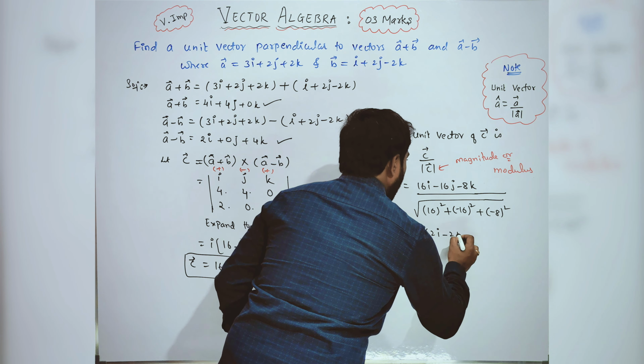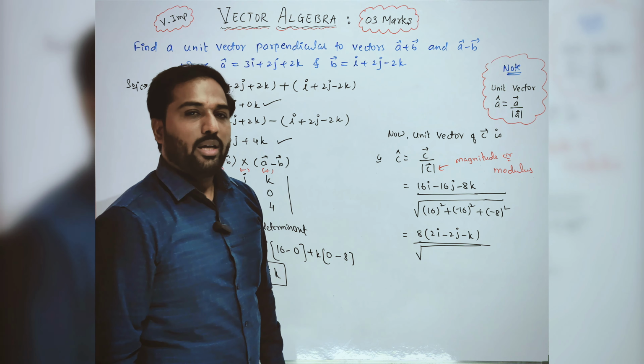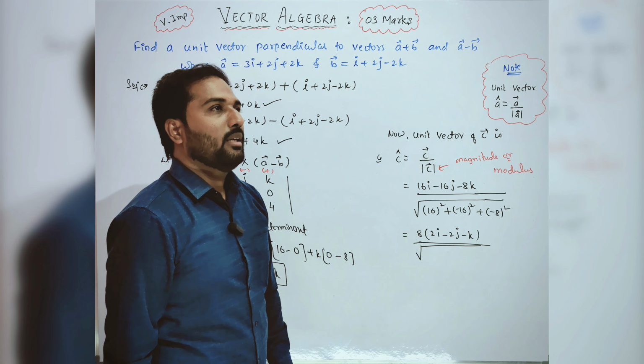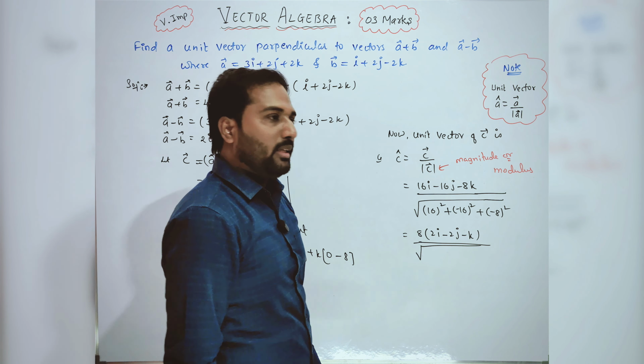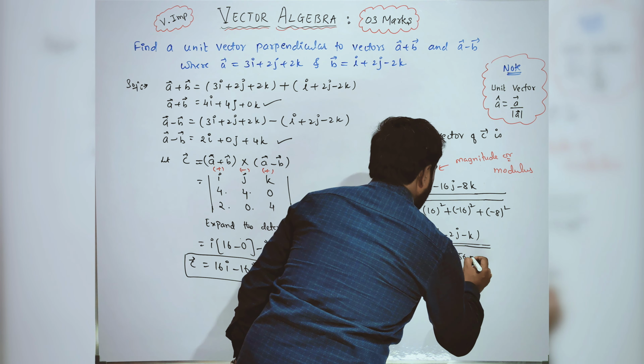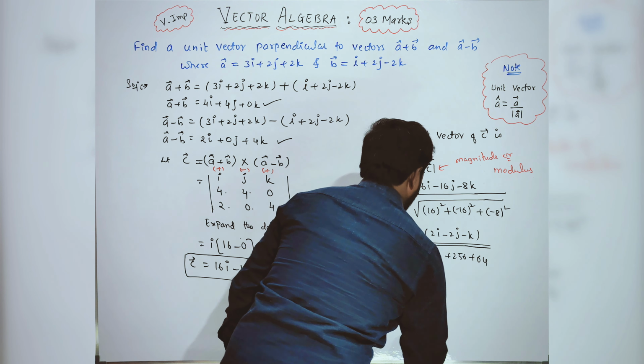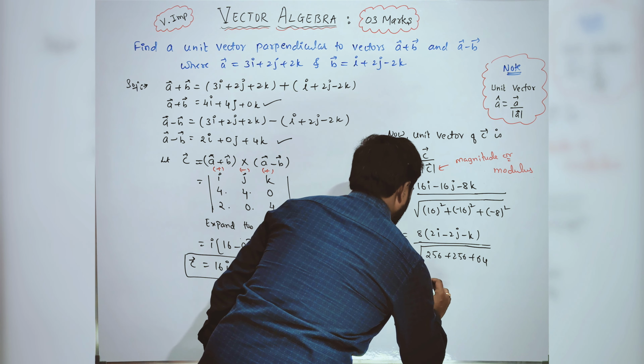So what will it be? What is 16 squared? It is 256. So 256 plus 256 plus 64. 8 into 2i minus 2j minus k, divided by the square root of.